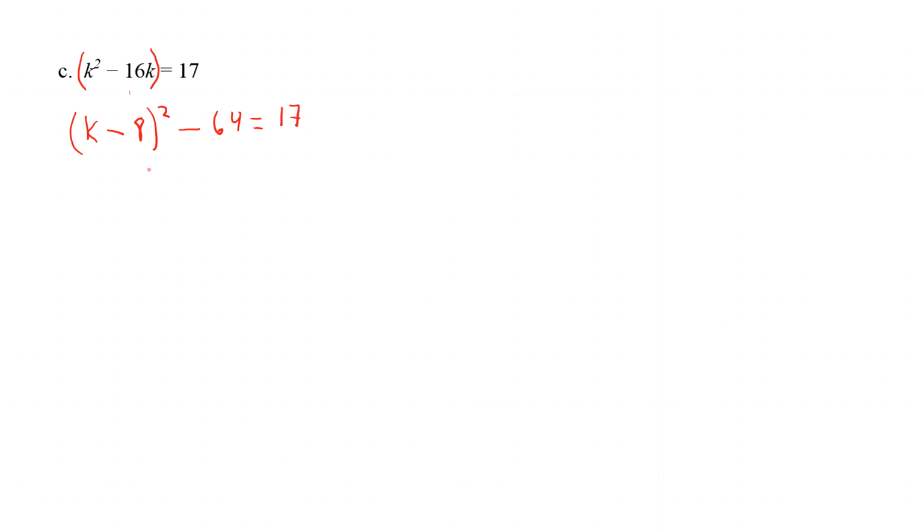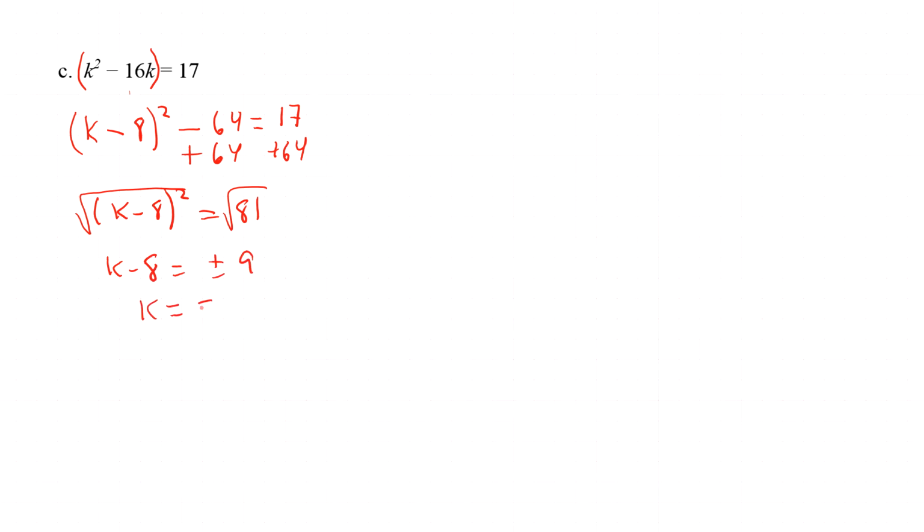At this point it's in graphing form, so we want to solve for k, so we're going to add 64, add 64, so we get k minus 8 squared equals 81, which is convenient. Take the square root of both sides, and then k minus 8 equals plus or minus 9, and k equals 8 plus or minus 9, k equals 17 and negative 1.